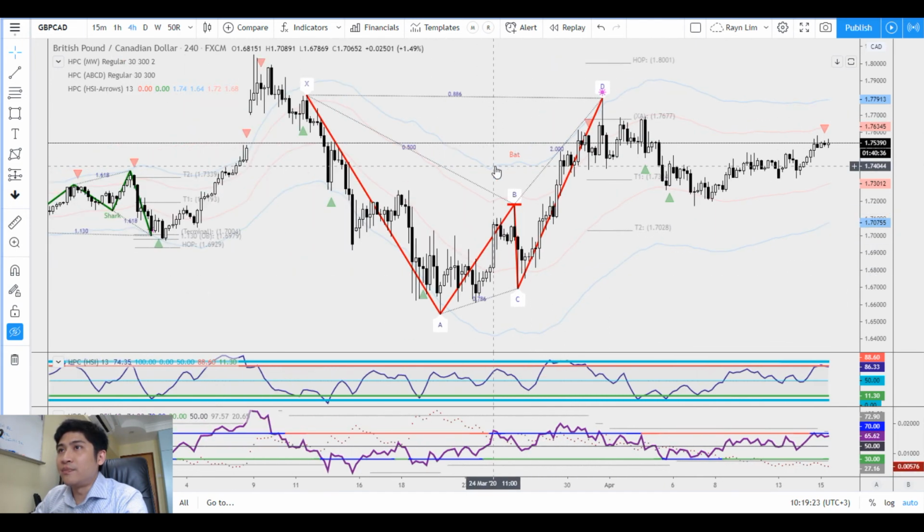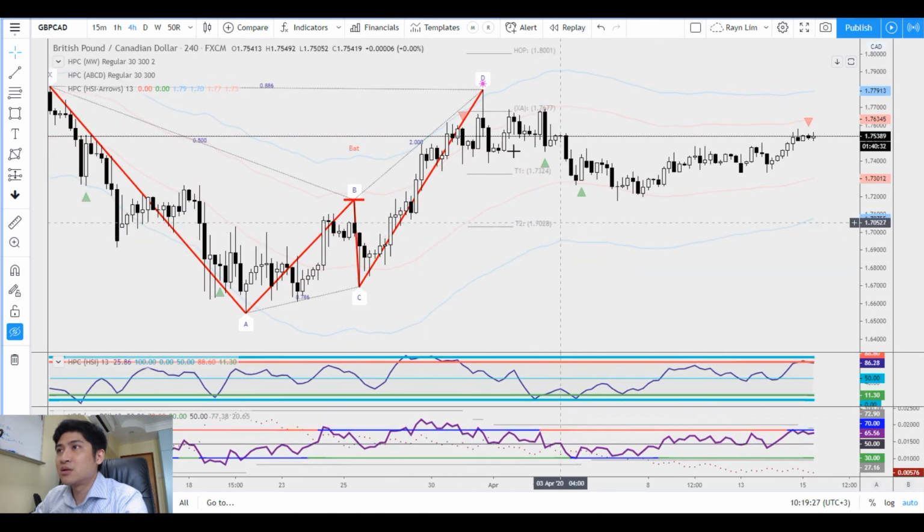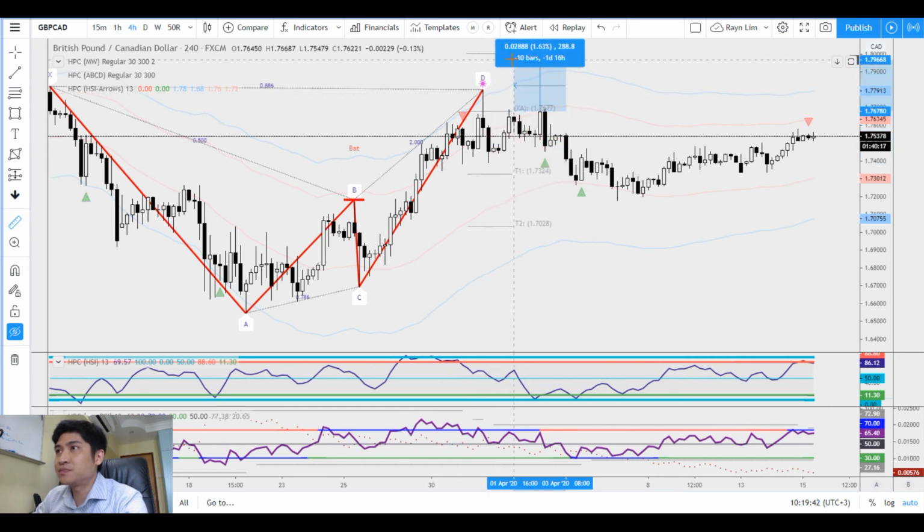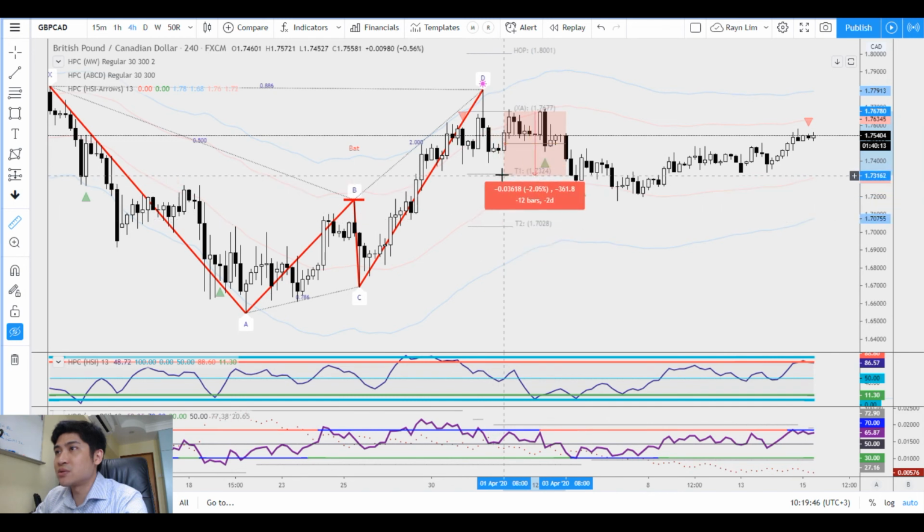But anyway, the software did pick this up. Amazing. If you managed to engage at 1.7677, you have already reached your first target. So if you have to ask yourself how serious you are in trading, this is 352 pips, no? Stop loss 330 pips because of the volatility.